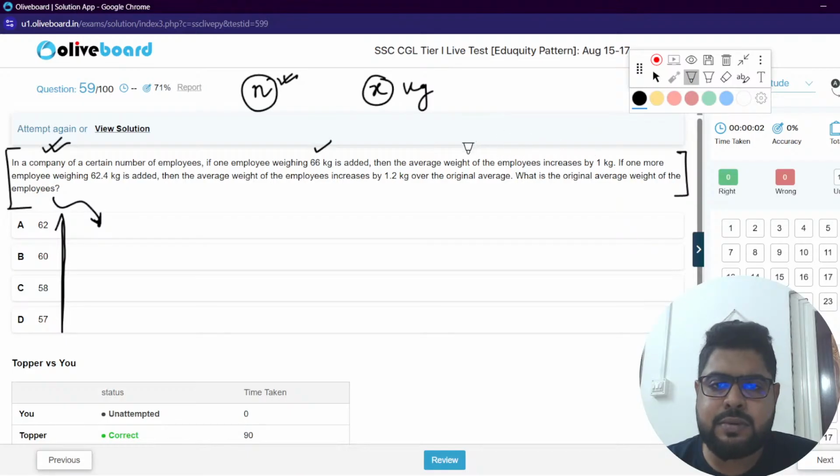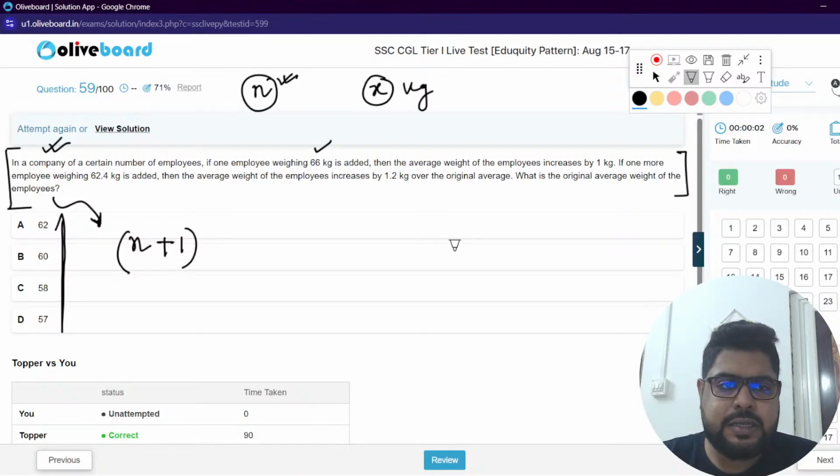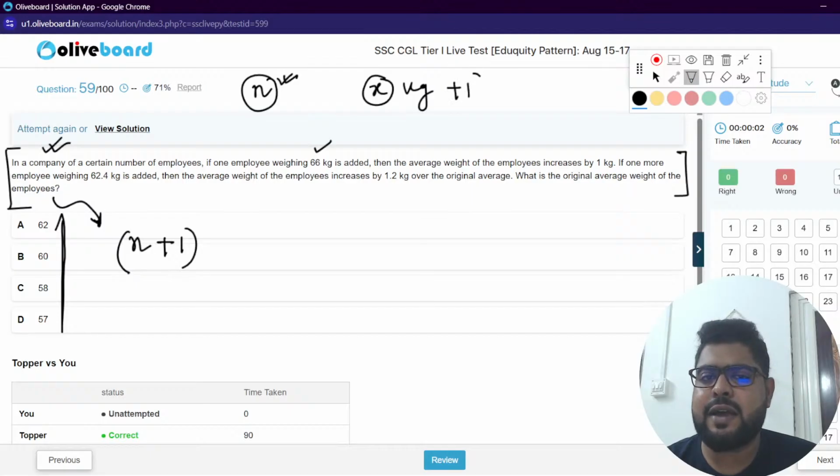Sir, one employee of 66 kg was added. So the number of employees is n plus 1, and the average is getting increased by 1, so the average will become x plus 1.